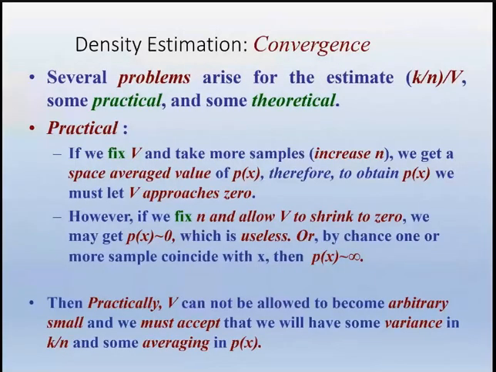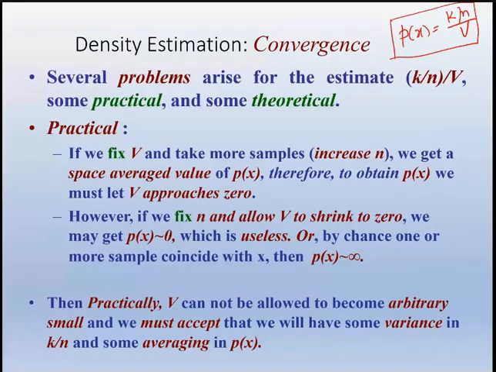But there are several problems that arise when we try to estimate K by N by V. Now what is my estimation, remember, is I need to compute K by N by V. Practically, if we fix the volume and take more samples or increase N, we get a space averaged value of p of x.